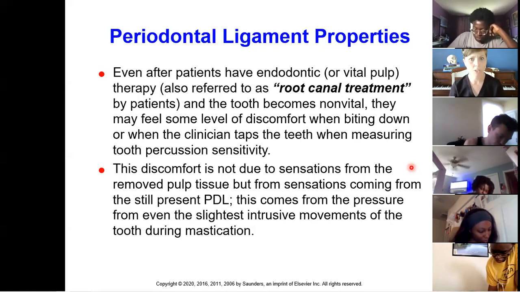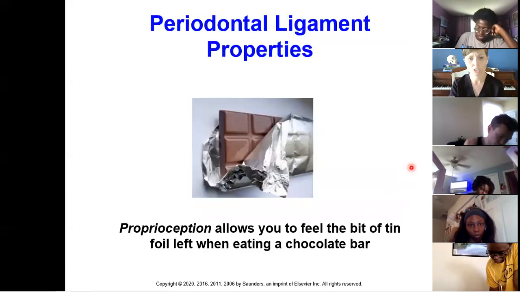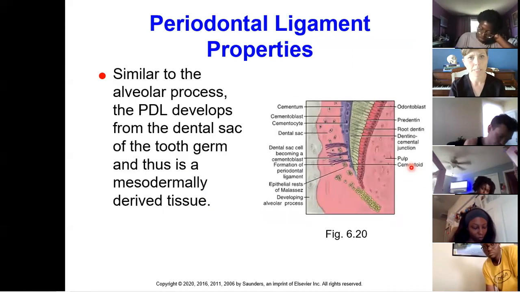It's just the inside of the tooth that is not. It's the sensation from the periodontal ligament. So, all right, there's your little piece of foil. All right, periodontal ligament properties.